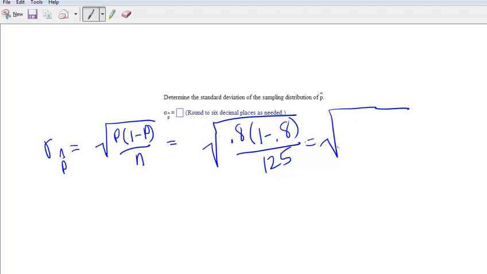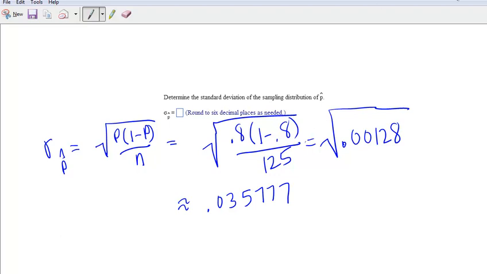So this is the square root of 0.00128. Let me square root that. And 0.00128 square rooted, I'm coming up with around 0.035777.